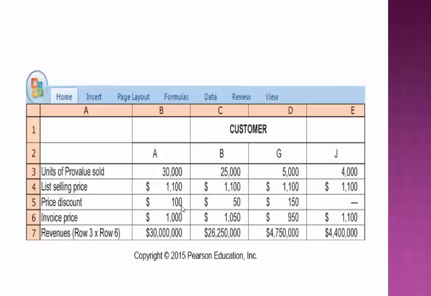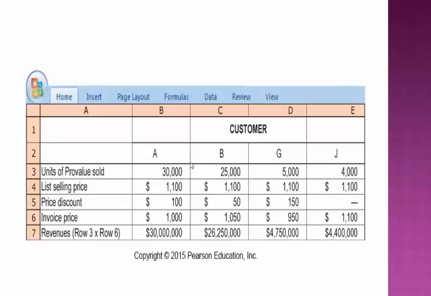Alright, so if you take the discount off of the list price, you get their actual selling price per unit, which is what we would be billing them for. $1,000 for customer A, $1,050 for customer B, $950 for customer G, and $1,100 or full price for customer J.